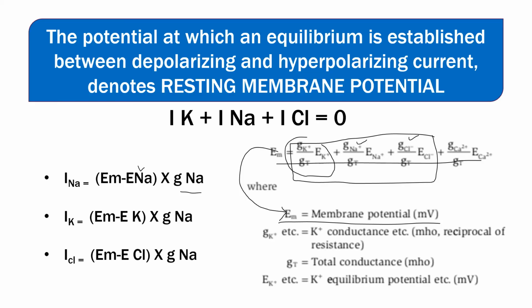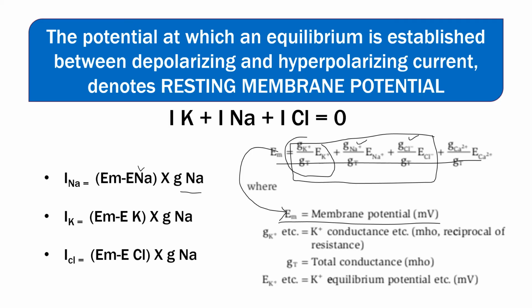Usually we take these three, and if we derive this equation, we will get the value of membrane potential EM. From the Nernst equation we have derived the equilibrium potential, and from that we have derived the individual current by multiplying the difference with the conductance.